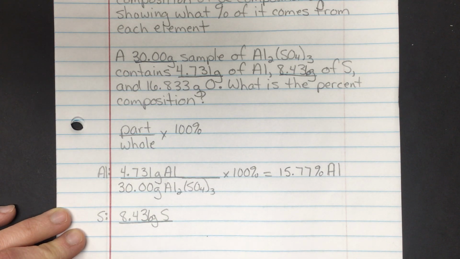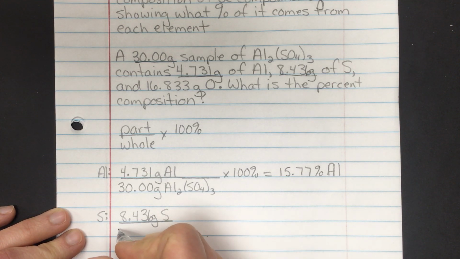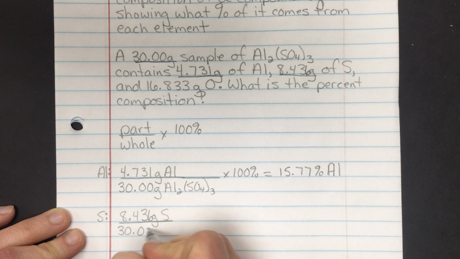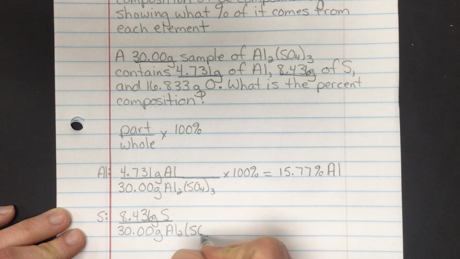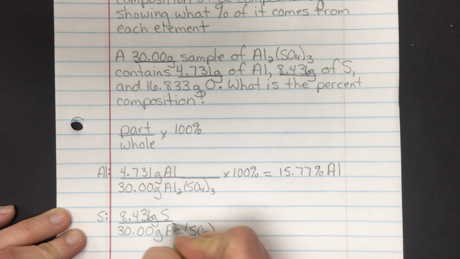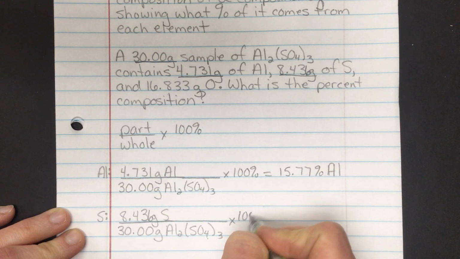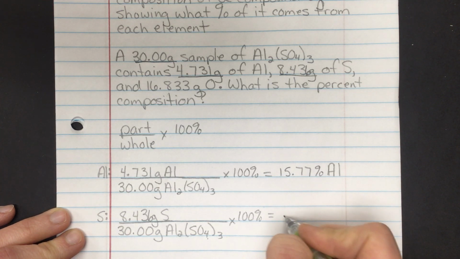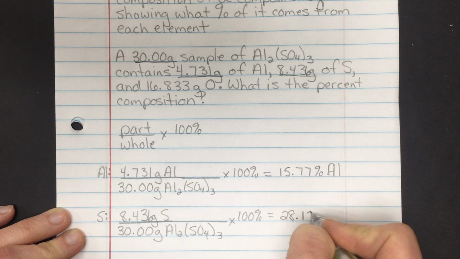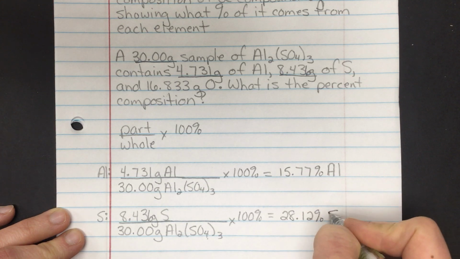Yes, I apologize for that. There's supposed to be a 6 there. And divide that by my whole of 30 grams of aluminum sulfate. Multiply that by 100. I get 28.12% sulfur.